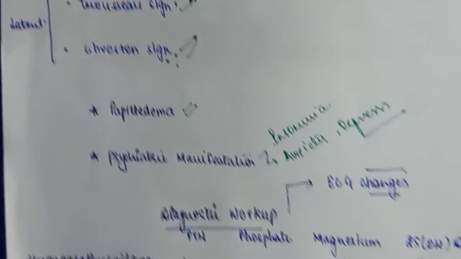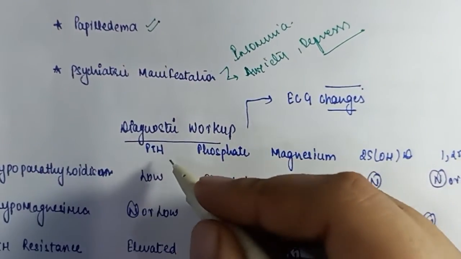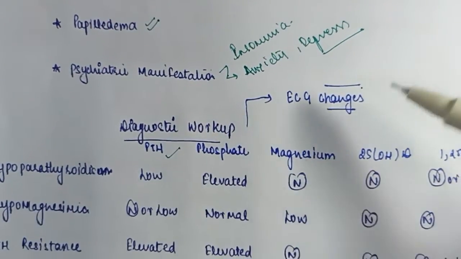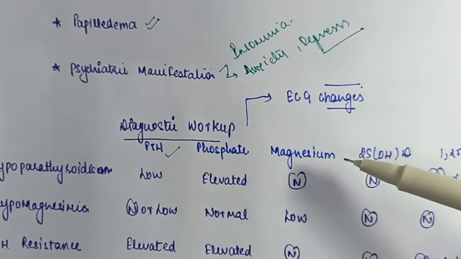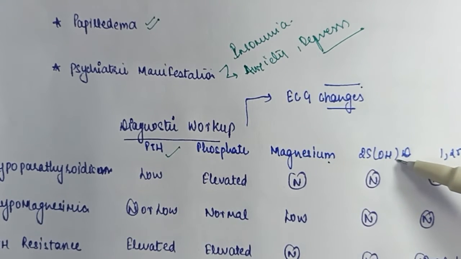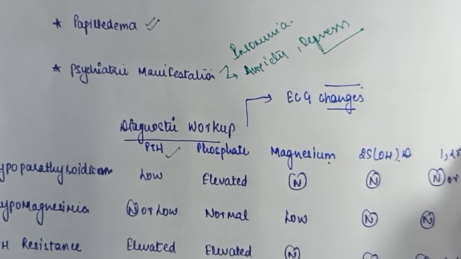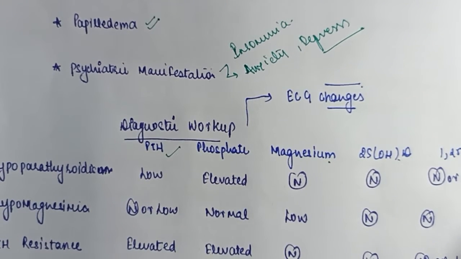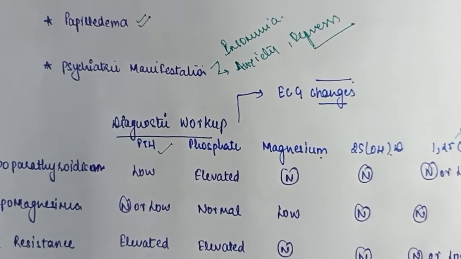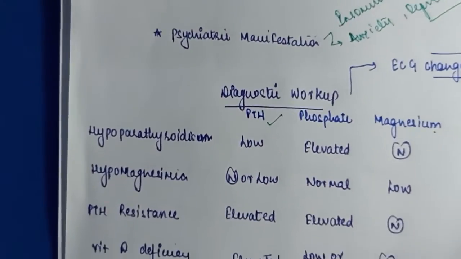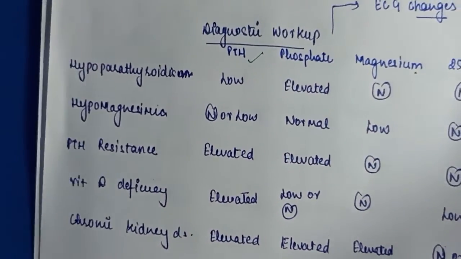These are serum parathyroid hormone levels, phosphate levels, magnesium levels, vitamin D levels, active form of vitamin D levels, and serum creatinine in case of a chronic kidney disease patient.